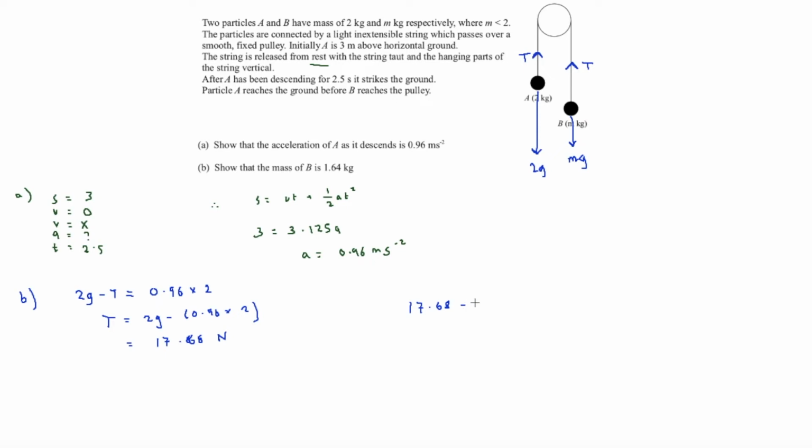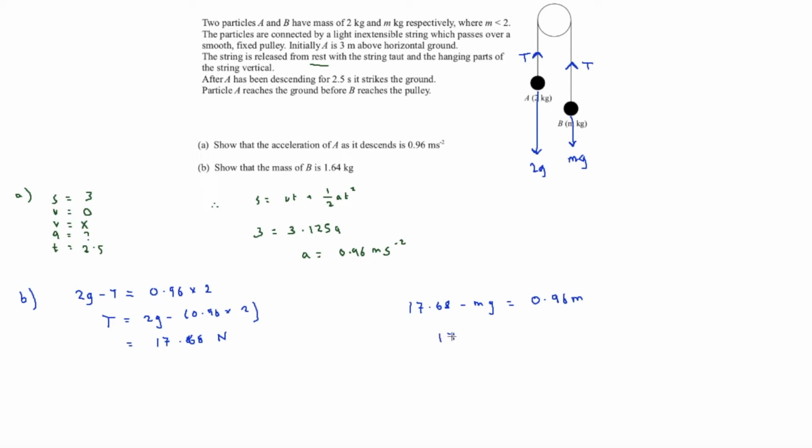So that's minus mg. Now that is going to be equal to m times acceleration. We already know that the acceleration is 0.96, so that's 0.96m.